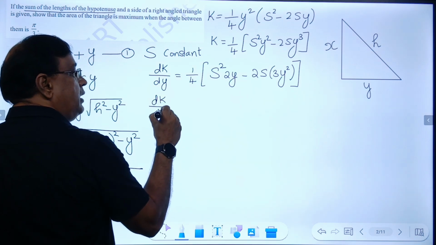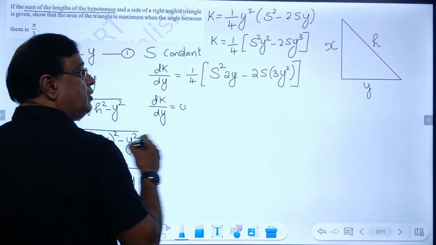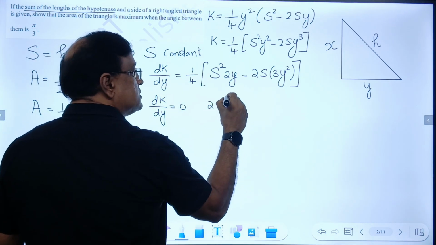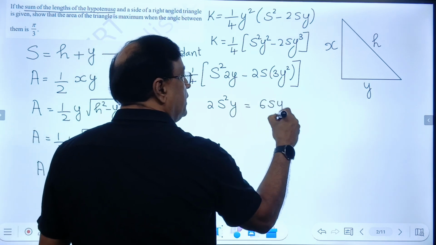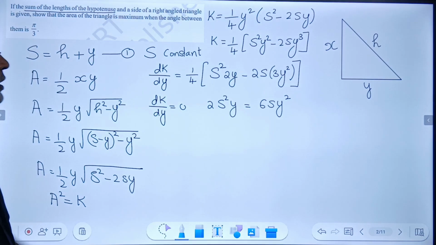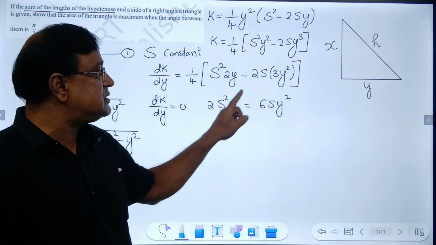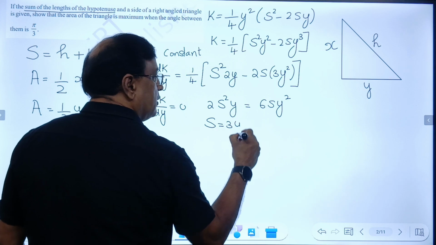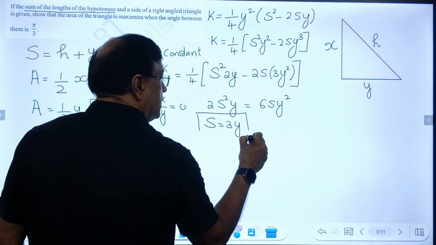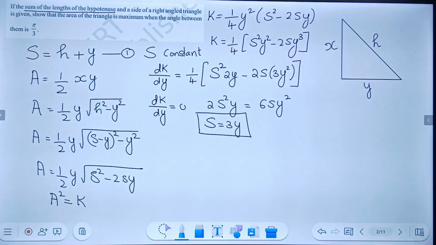Now I am going to equate it to 0 to find the critical point. dk by dy equal to 0. So what do you get? 2S square Y equals 6SY square. Clearly S and S cancel, 2 and 6 cancel, so you are left with S equal to 3Y. Let it be there.